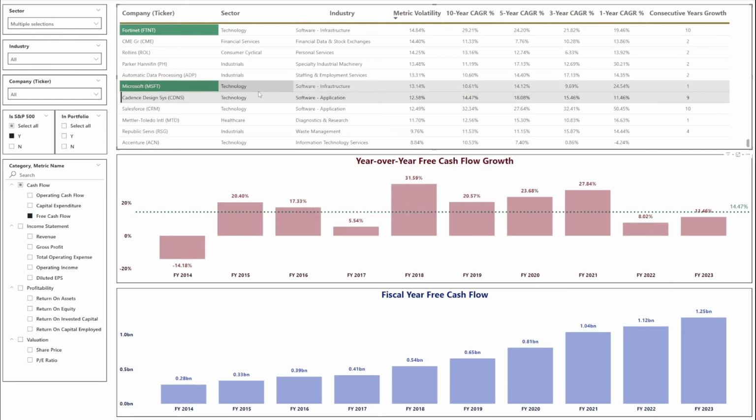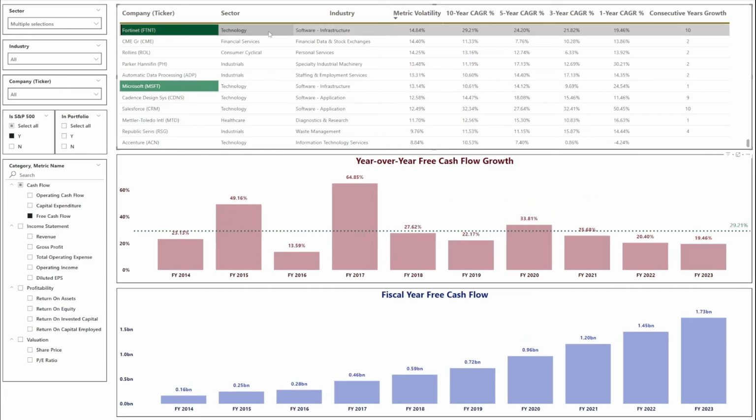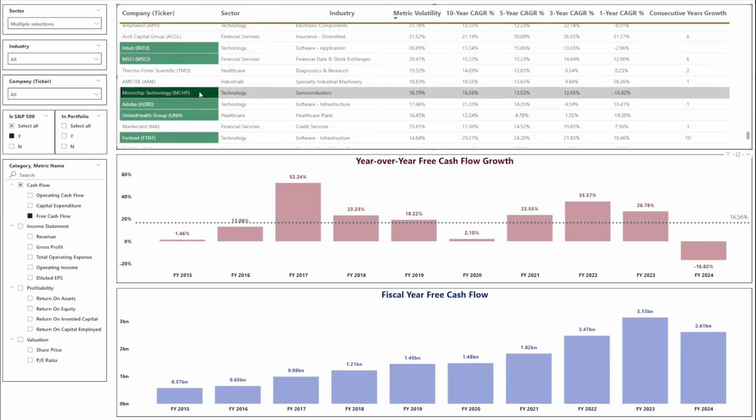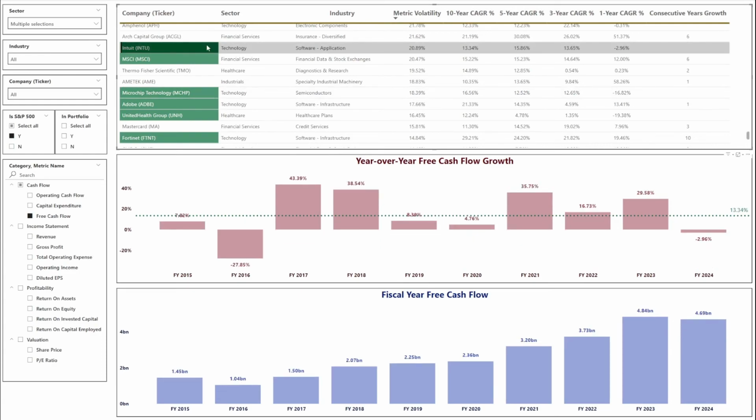Of course, the ones that I own here, Microsoft, Fortinet, United Health, even Microchip Technology, which has been on a bit of a downswing recently, has seen very consistent free cash flow growth. And my most recent holding, Intuit, also fairly consistent.